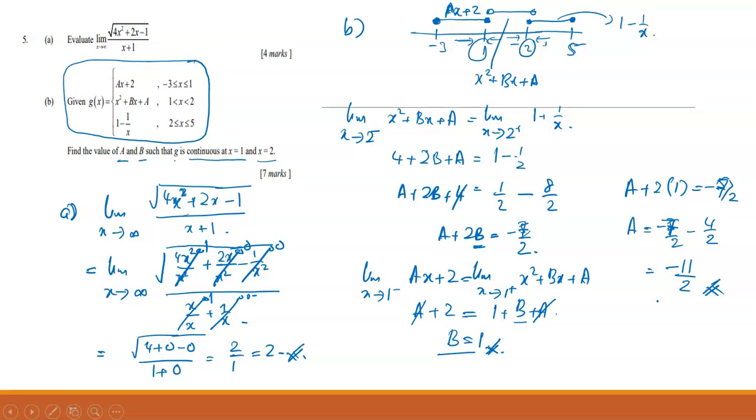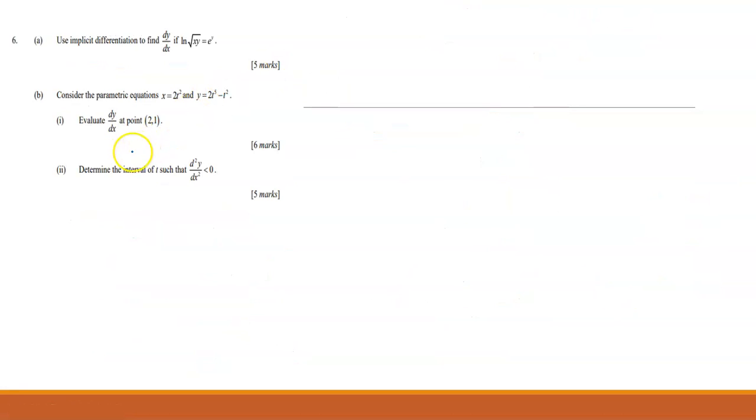So then the next question: use implicit differentiation to find dy/dx. For question A, natural log of square root of xy equal to e to the power of y. Okay, class, for this one we're going to refresh our memories about these rules of log, where log of a times b equal to log a plus log b.